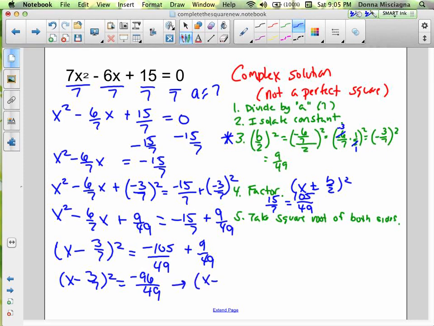So now we're going to take a square root of both sides. Equals plus or minus, and I'm going to split that negative, square root of negative 96 over the square root of 49. All right, so now let's see if 96 simplifies.